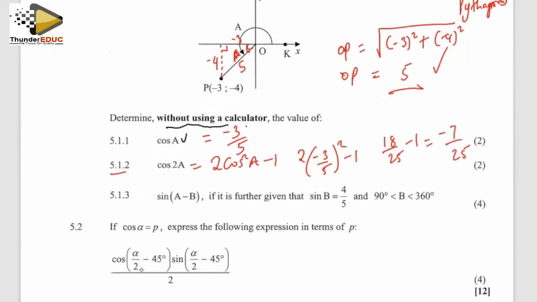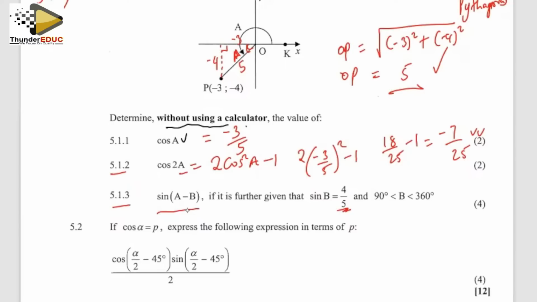Now, even if you use a different format of cos 2A, we must still arrive at the same answer, which is -7 over 25. Then 5.1.3, they want us to calculate this if it's further given that sine B is this. All right, so what we're seeing is that we have something extra now.